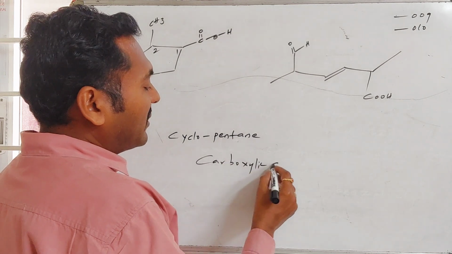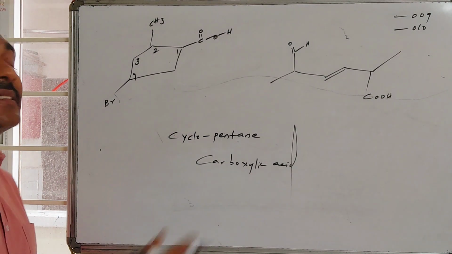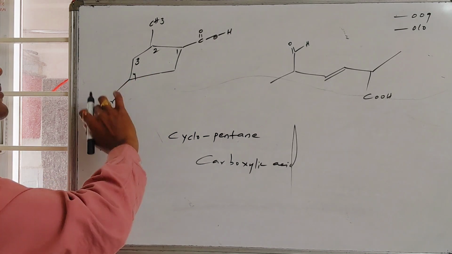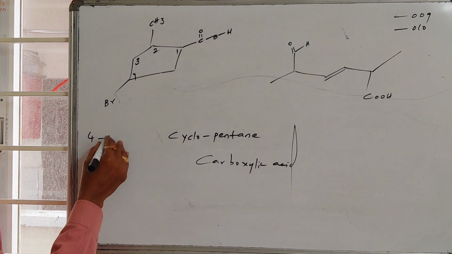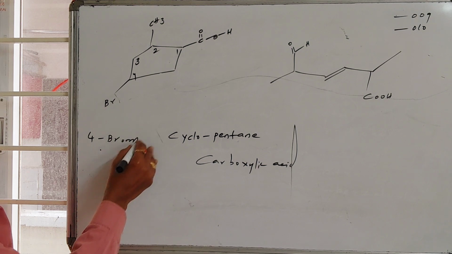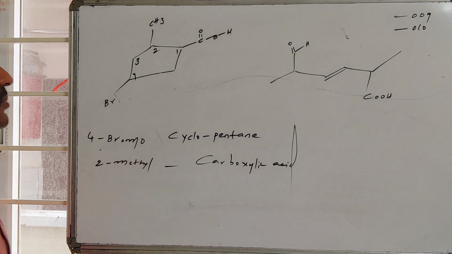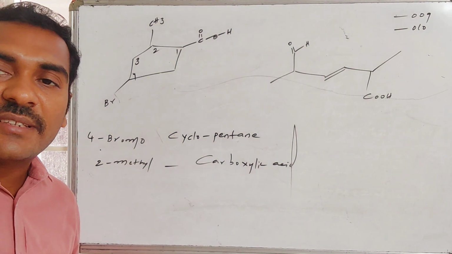Where the acid is present, its position is fixed as number 1. Then in alphabetical order, bromo comes first, followed by methyl. So this will become 4-bromo, 2-methyl cyclopentane carboxylic acid, which is the name of the structure.